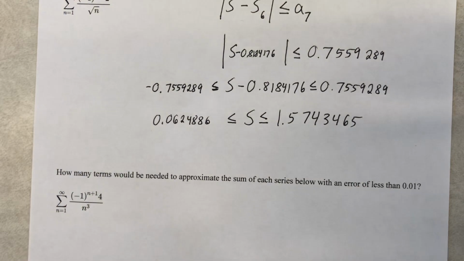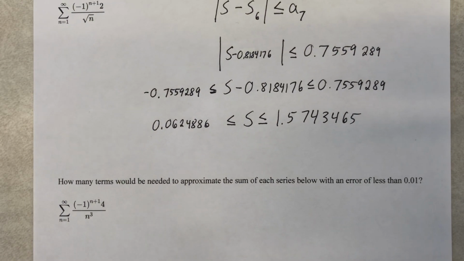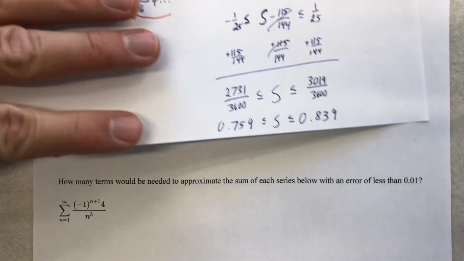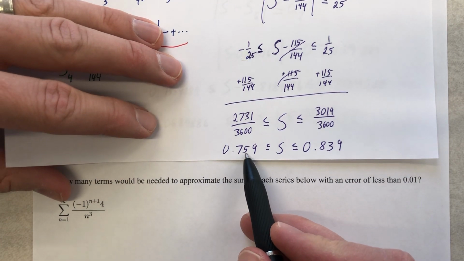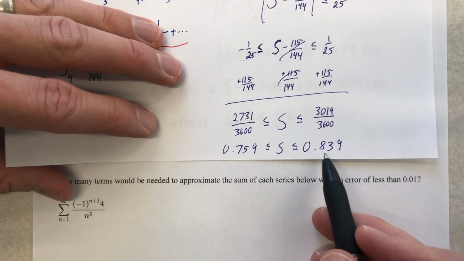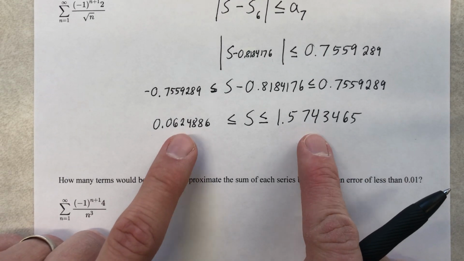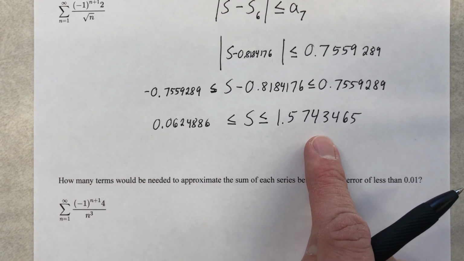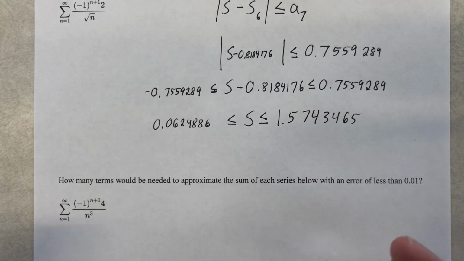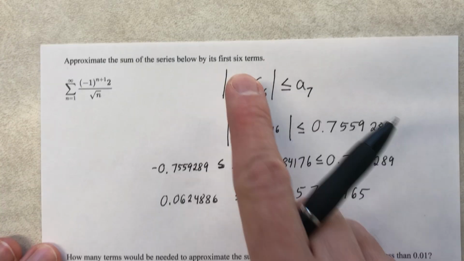Okay, I'm estimating my sum, and on the previous problem, I had a pretty narrow range between 0.76-ish and 0.84. Pretty narrow. This is a little bit of a wider range. Quite a bit wider, actually. So a little disappointing. If I wanted it to be more accurate, I could go more than 6 terms, but I didn't.